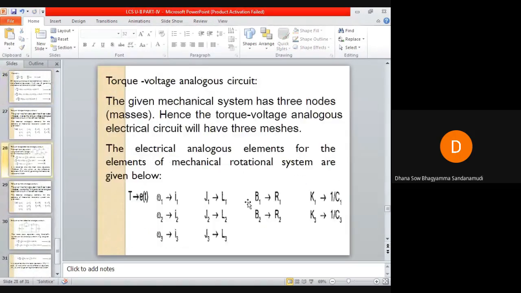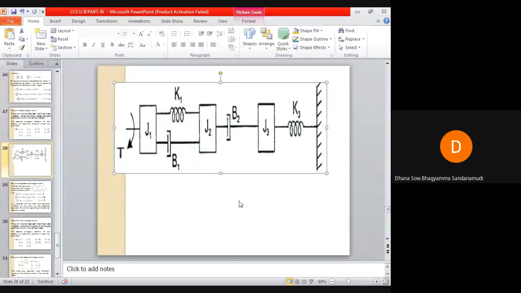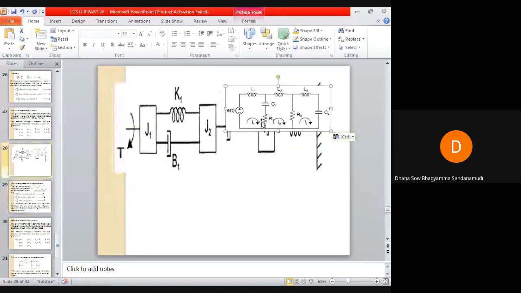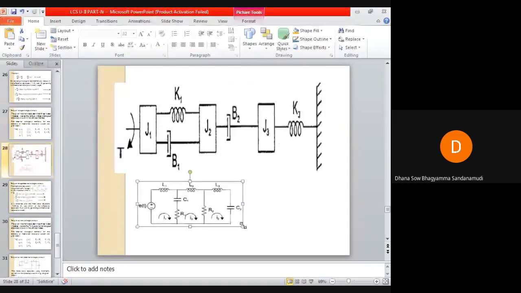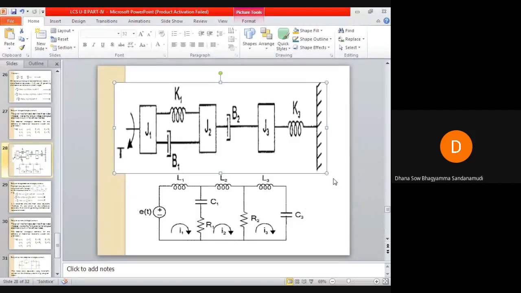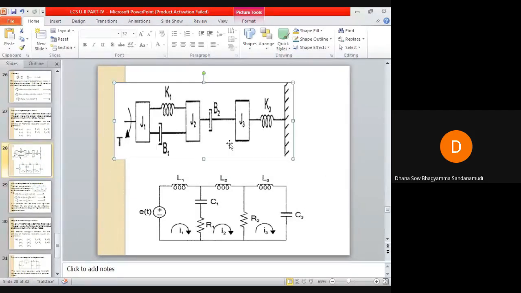I will insert a slide here and paste it. I'm expanding this, so you can now easily compare the mechanical system and the electrical system.